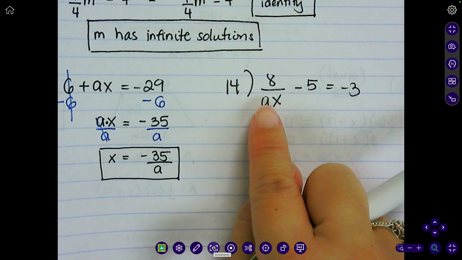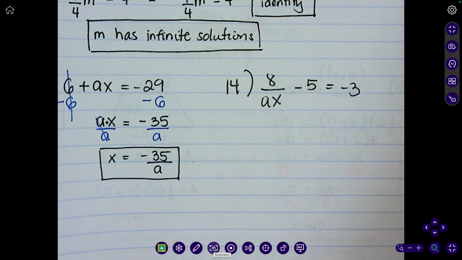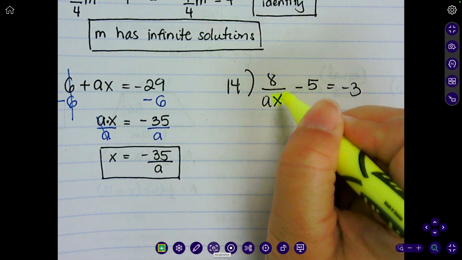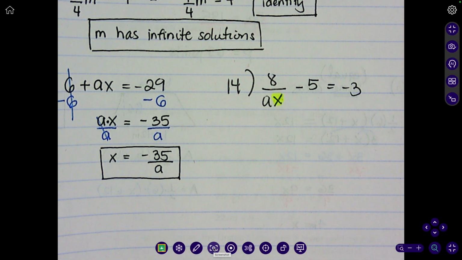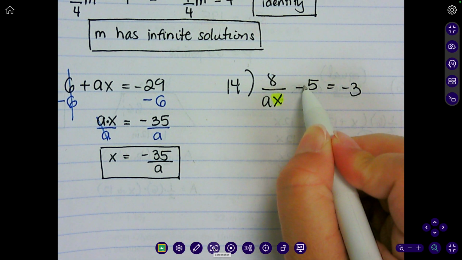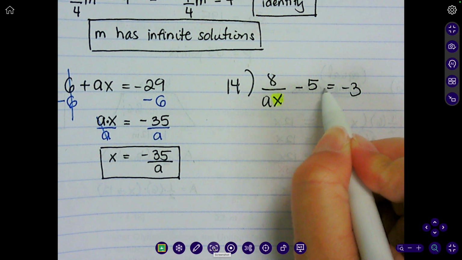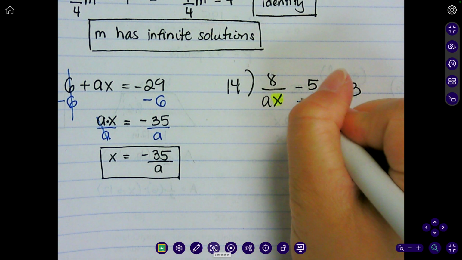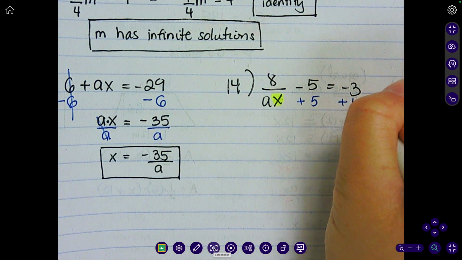Now, here's x. You want that. Okay, so I'm going to highlight that because what I want to do is get rid of everything else after that. Now, numbers. I'm going to combine the numbers. Because they are separated by the equal sign, I'm going to get rid of this one by adding. This is a minus, so I'm going to add 5 to both sides. So go ahead and write that.